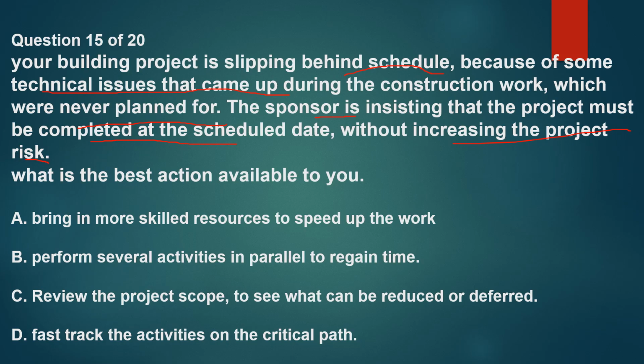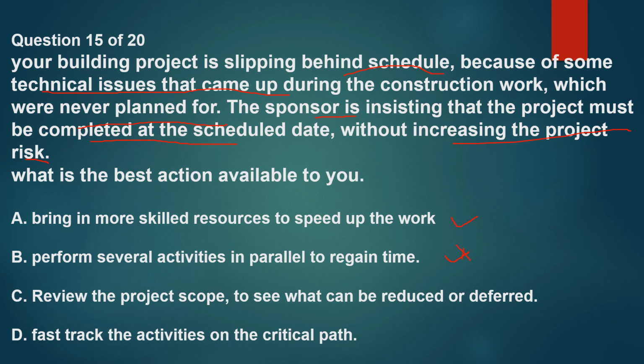Bring in more skilled resources to speed up the work. You can do this, but is that the best thing to do? So let's check the other option. Perform several activities in parallel to regain time. You can do this, but is that the best thing for you to do? But don't forget that performing several activities in parallel can add more risk to the project.